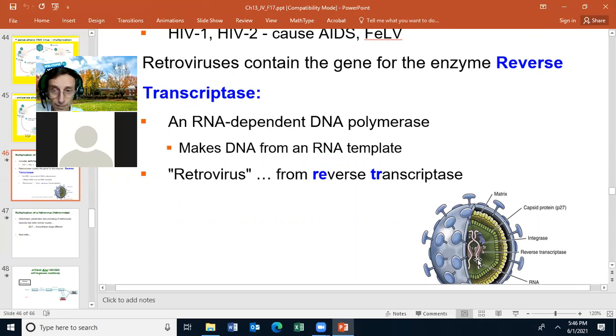You will also note that retroviruses are an envelope virus. They have spikes, they have a protein coat, and they have 2 strands of the positive single-strand RNA, and you don't really need to know that because I'm not going to test you on that, but they are a positive strand, single-strand RNA virus.